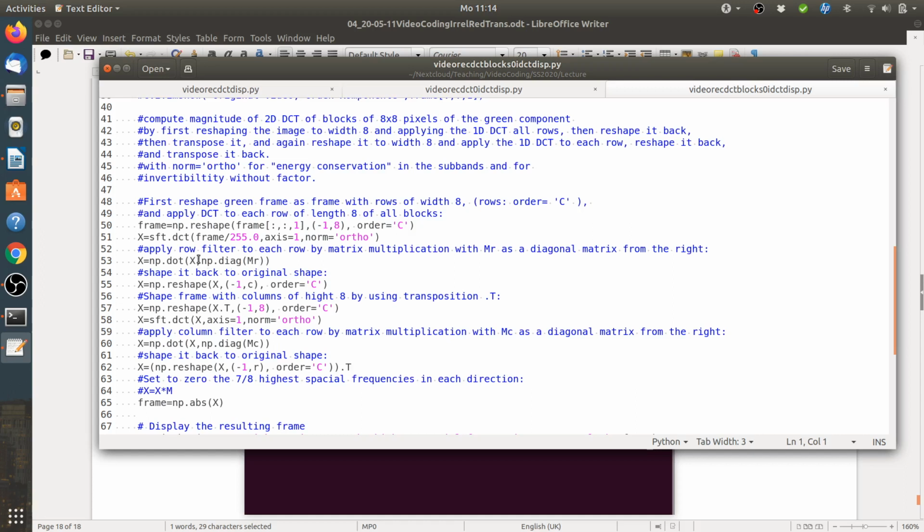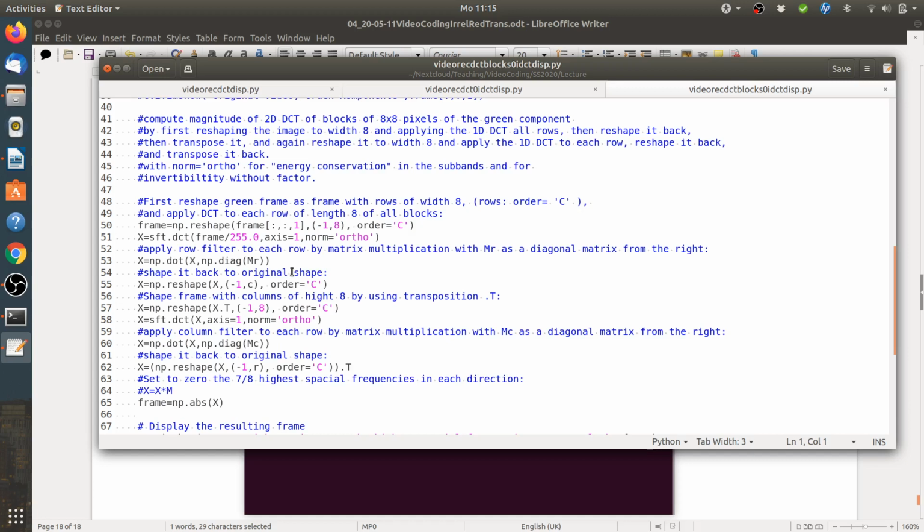The next one I multiply with 0 because the next value in MR is 0, and so on. So I take this MR vector and make a diagonal matrix out of it. If I multiply a matrix from the right-hand side with a diagonal matrix, then I multiply each of its rows with the values on the diagonal. So this is perfect for applying our low pass mask.